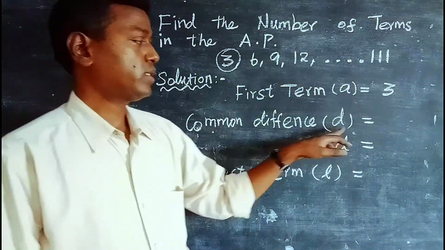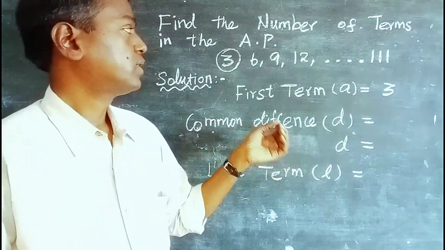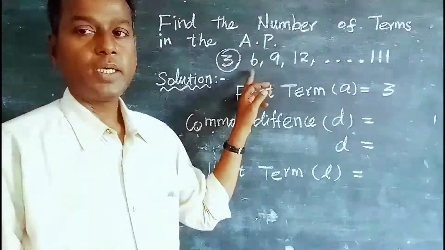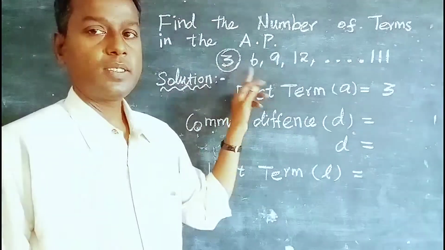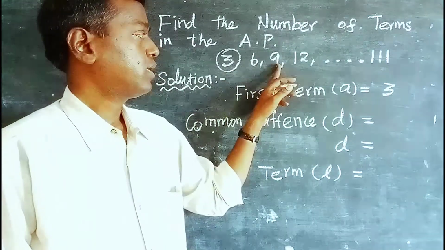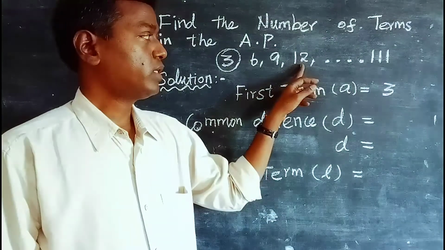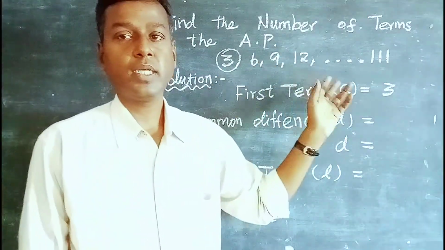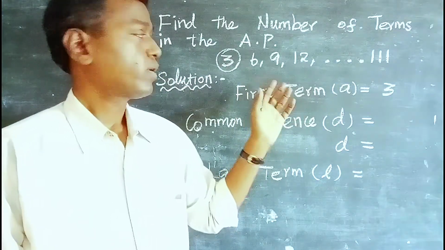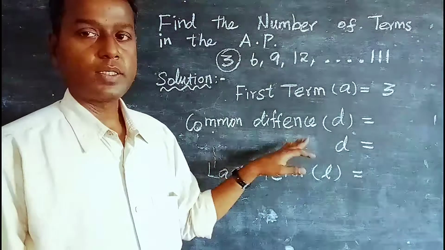Next, the common difference is denoted by D. Common difference means the difference between any two adjacent elements. The difference between 6 and 3 is 3. The difference between 9 and 6 is 3. The difference between 12 and 9 is 3. So the difference between any two adjacent elements is 3, which is the common difference.